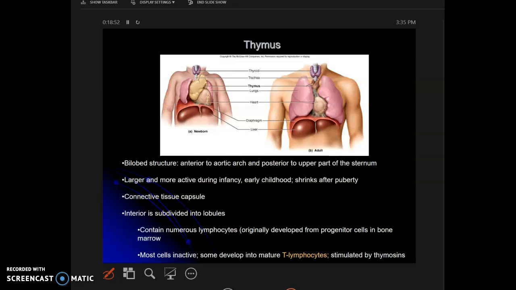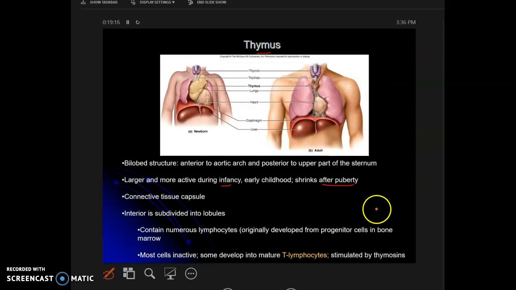Now, there are special lymph organs which are large lymph nodes, basically. Thymus. Thymus is located anterior to the heart in the sternum area. All right. So they are very large and active during infancy, but they shrink after puberty. So in an adult, it is a highly shrunk structure. All right.